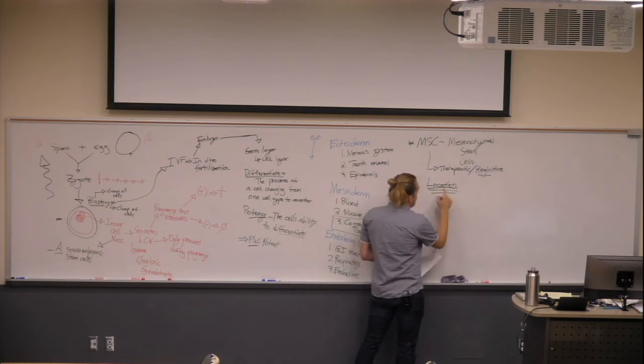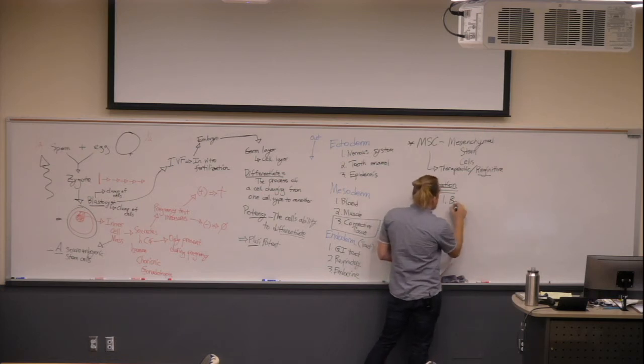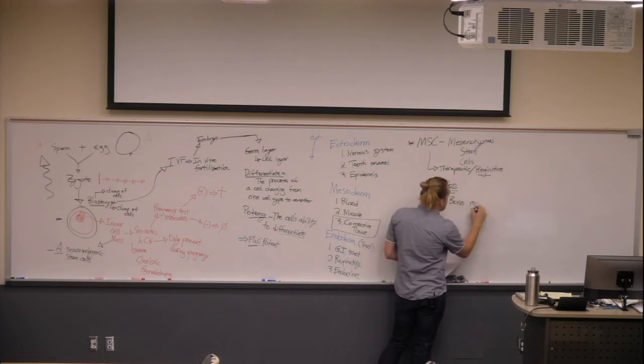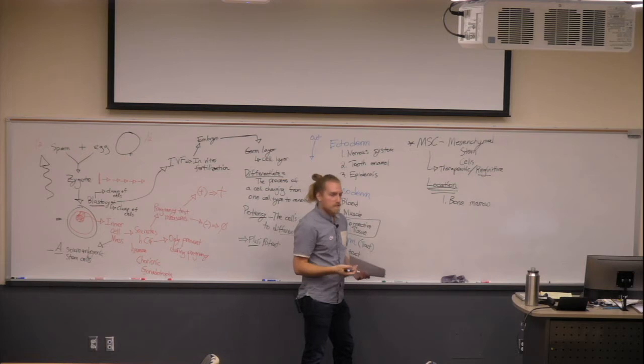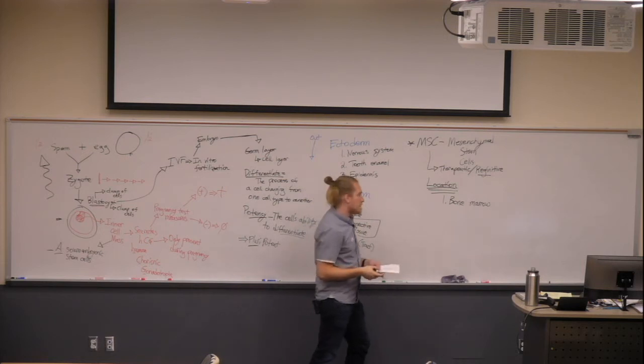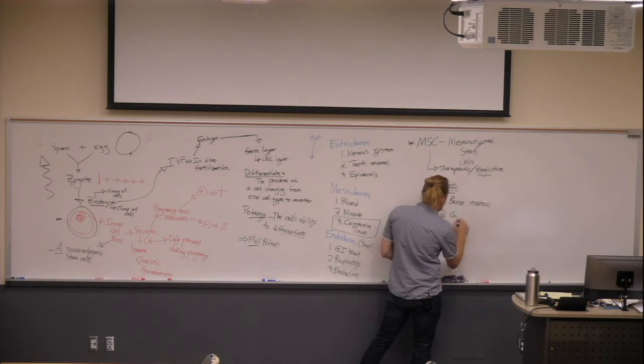So the first place you'll find MSCs, or mesenchymal stem cells, is the bone marrow. I asked you a question about this on your last exam, assuming future me decides to have that question on the exam, which is a good question. Chances are good. The second place is cord cells.